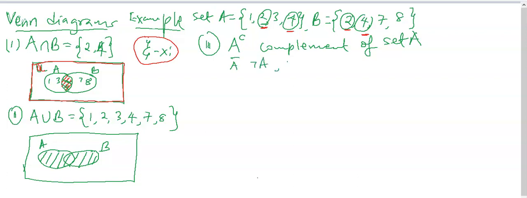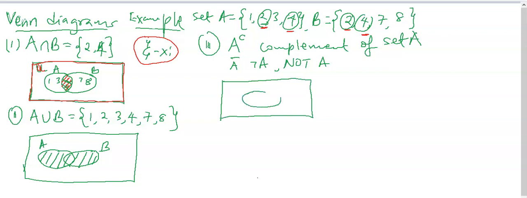You can also read it as not A. These are the elements in the universal set that are not in set A. So if this is set A, then anything outside set A is what we are calling the complement of set A, or not A. So this particular part is the complement of A, and this is A.